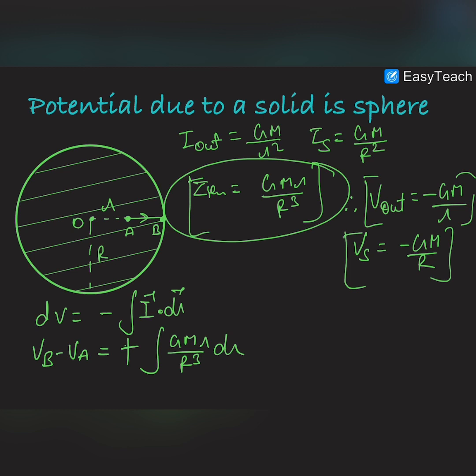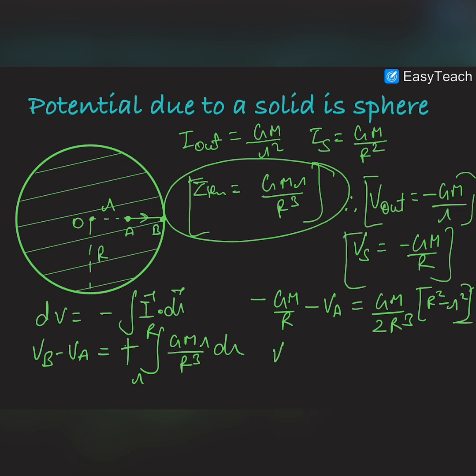Okay, and the limit of this would be from r to capital R. So VB minus VA. Now we know B is the point on the surface, so VB is minus GM by R, and VA is unknown which we have to find out, and this is equal to GM by 2R cube, and this is R square minus r square.